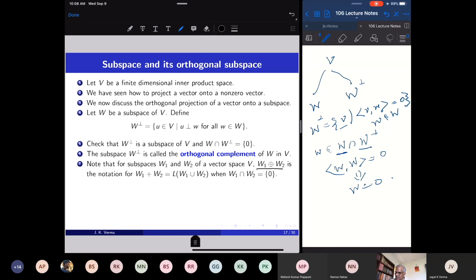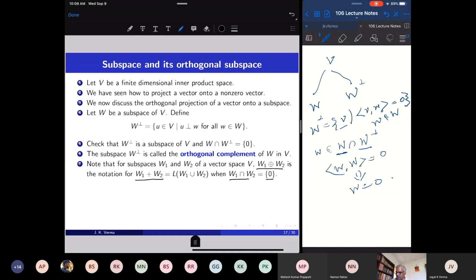The direct sum of W1 and W2 is the vector space which is the linear span of W1 and W2, the sum of these two vector spaces, such that their intersection is the zero vector.